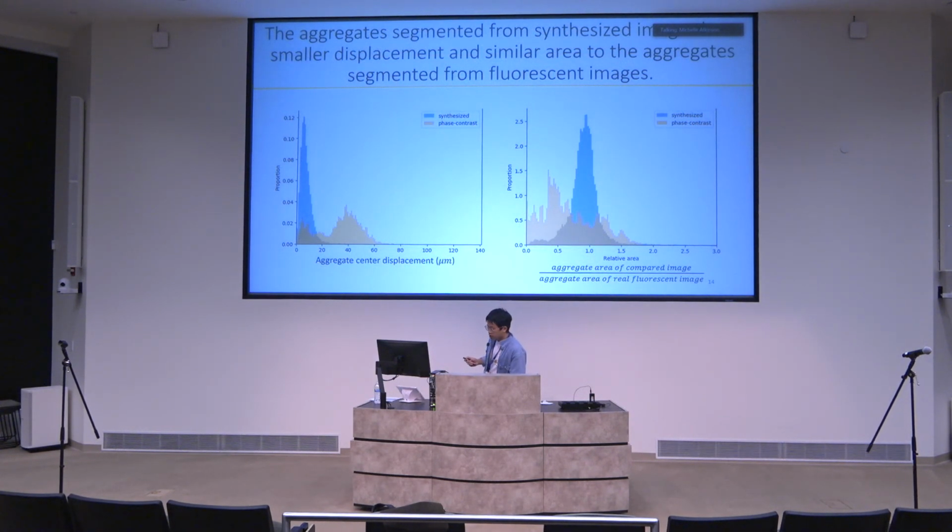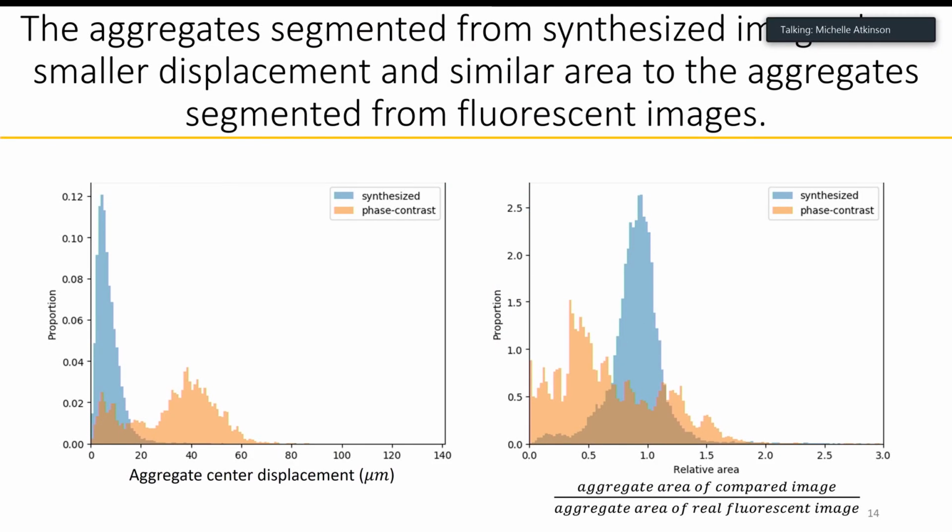The result shows that the aggregate center displacement for the synthesized image has a mean value around 7 microns. 7 microns is the length of a myxo cell, so it is a good result. And on the right is the relative area. As we can see, the synthesized image has a relative area around 1.